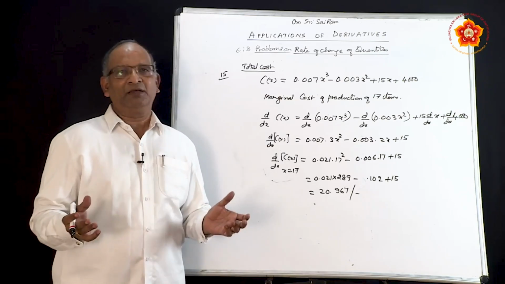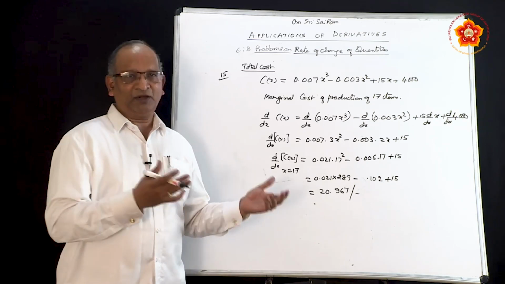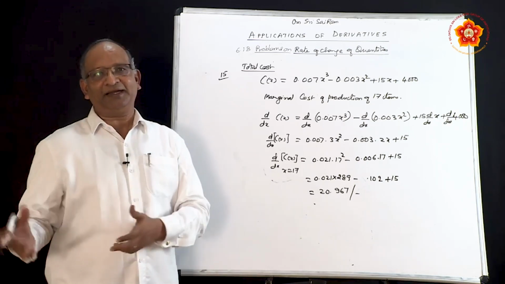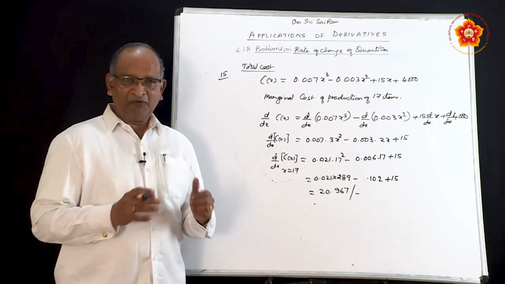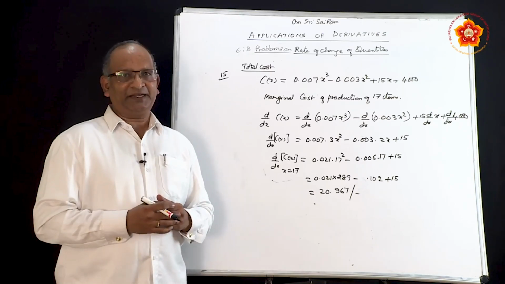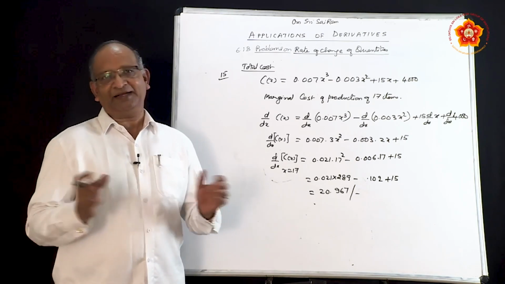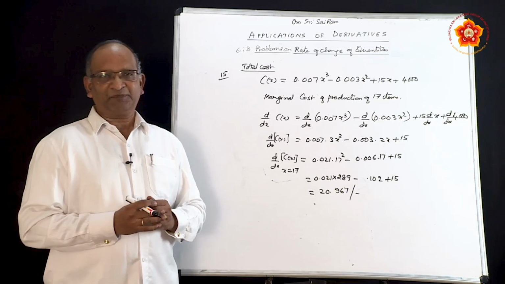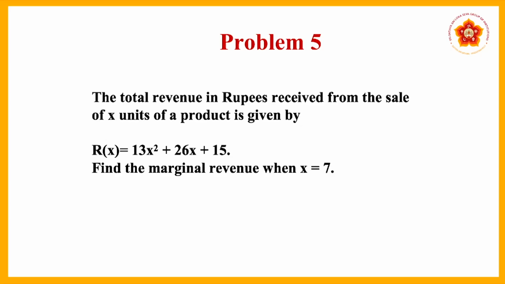Marginal cost means how much we need to invest in order to produce 5 items, 10 items, 100 items, 200 items, etc. We have one more problem which is connected to business. We will take up that next problem, and with that we close this particular subtopic called rate of change.